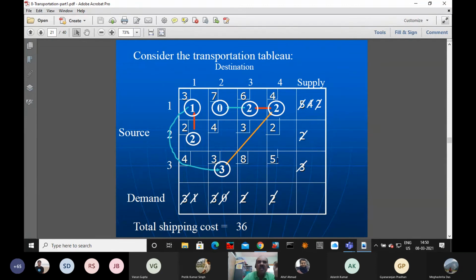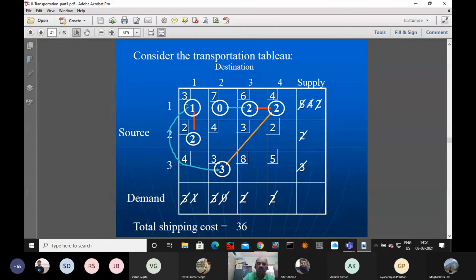Now the minimum is coming as 3. There is a 3 in cell number 1, 1, the cost coefficient is 3. And in cell number 3, 2, there is another 3. So we can select any one of these 3. Let me say we are selecting cell number 1, 1.